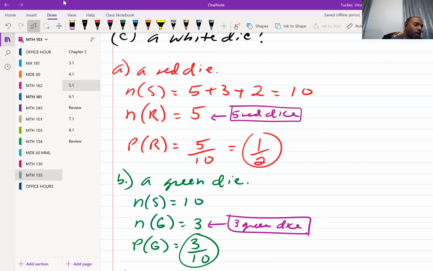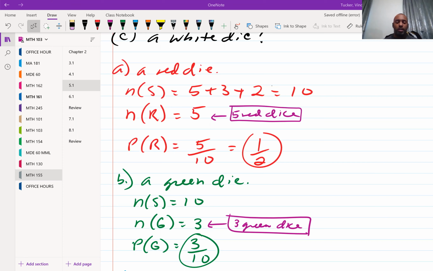Any problems? I have a question. Yes. The S in the beginning of A and B, in quotations, what does that stand for again? The sample space. Thank you. No problem.